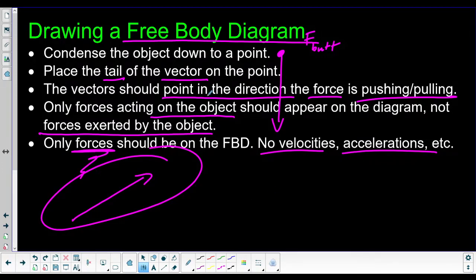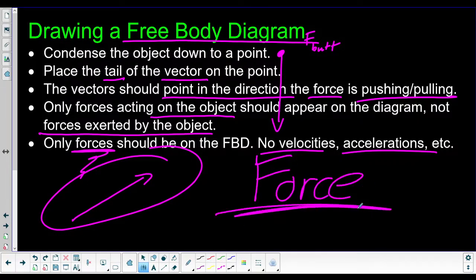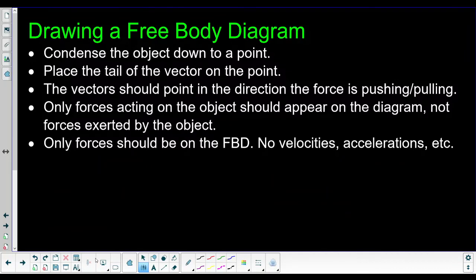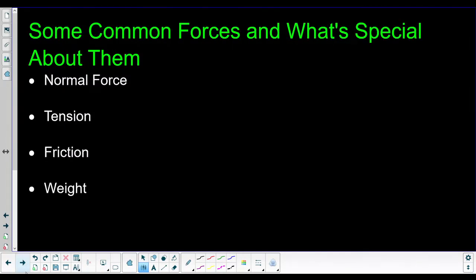It's a free body diagram or a force diagram, so it should only have forces on there. No accelerations and velocity. All right. That's what you need to know about force diagrams. Let's take a quick look at some forces, just so you kind of know what we're talking about when I use certain words, and then we'll go draw some pretty force diagrams.